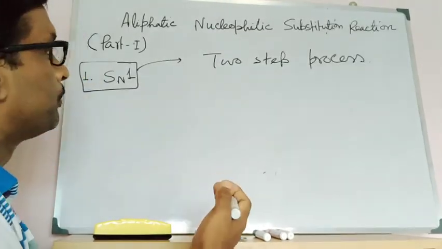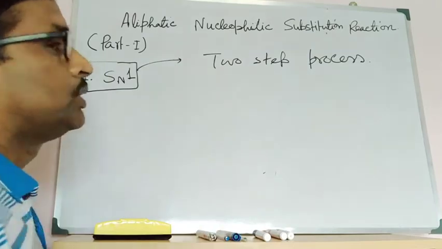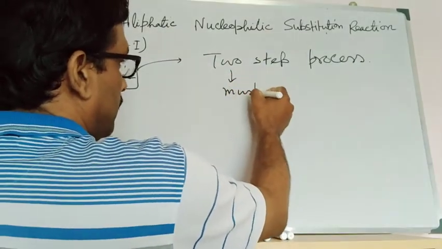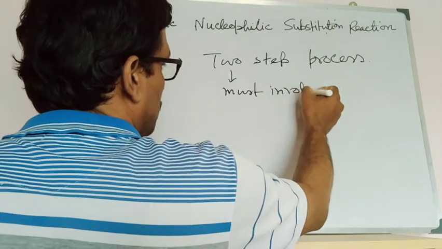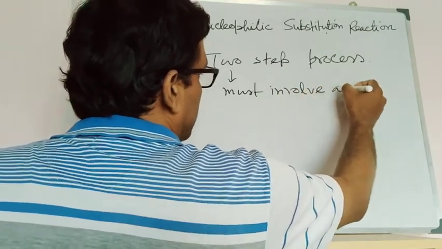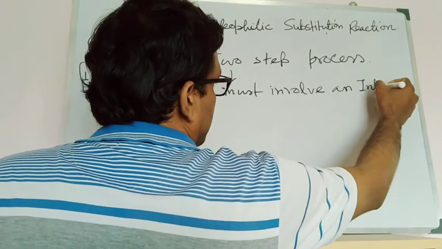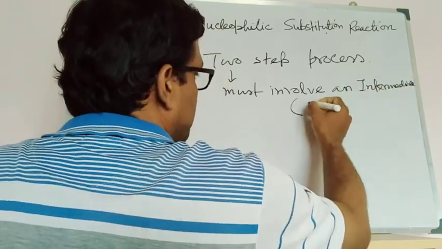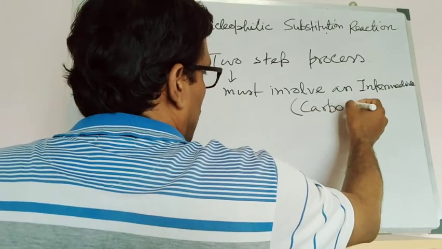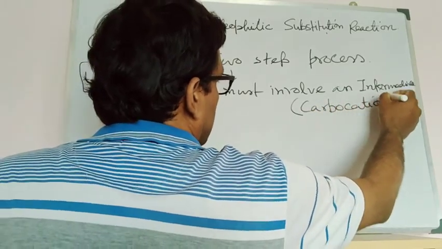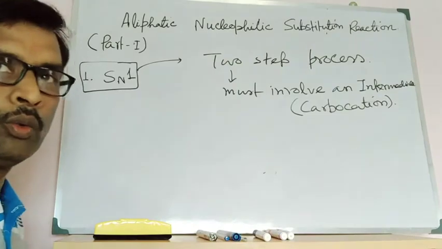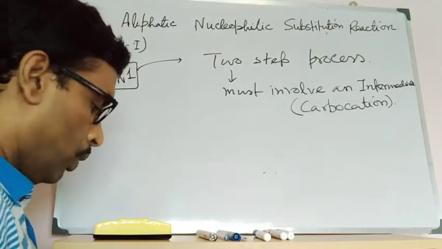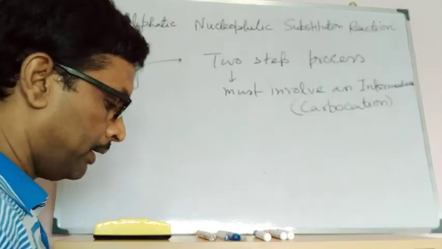A two-step process means it must involve an intermediate. Here this intermediate is the carbocation intermediate. All of you know what a carbocation intermediate is; the reaction must involve a carbocation intermediate.